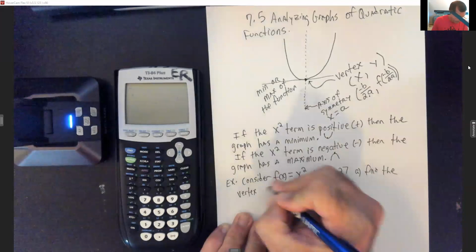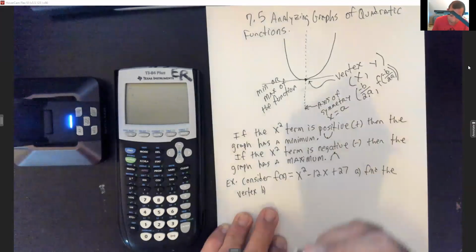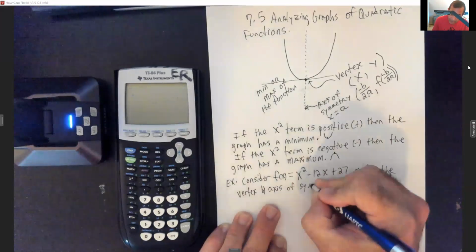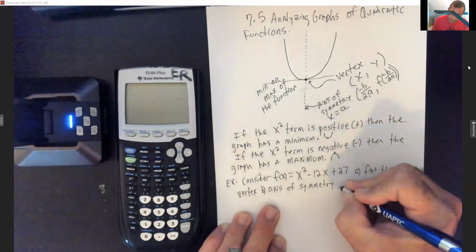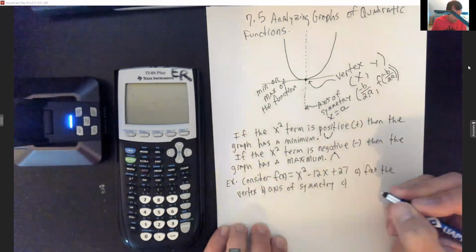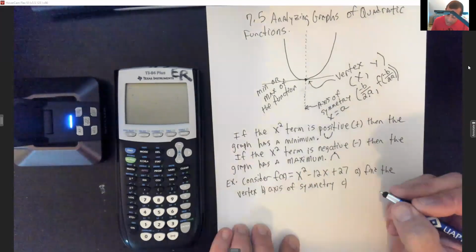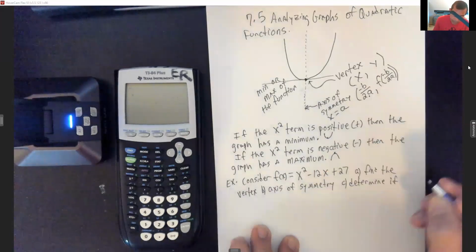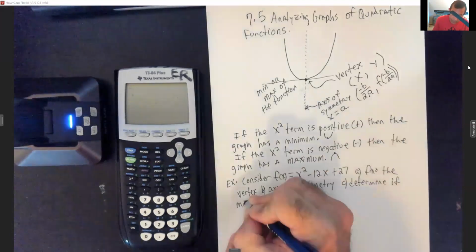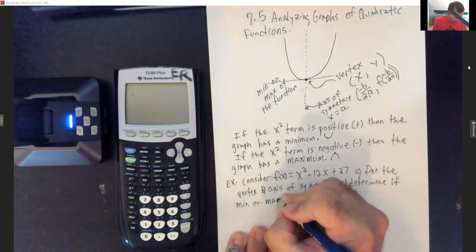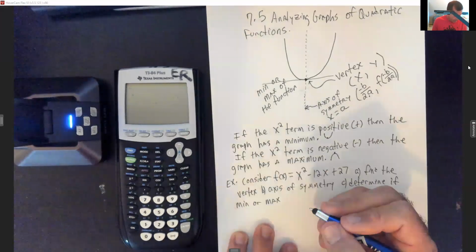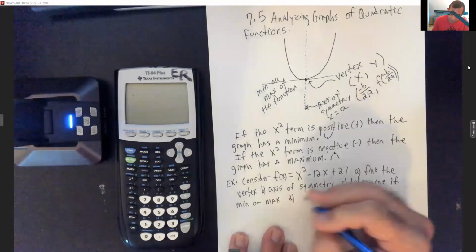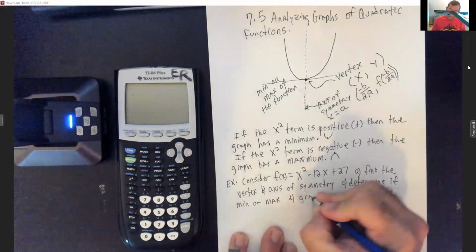B, axis of symmetry. C, determine whether it's a minimum or max. And then D, they want me to graph. Okay.